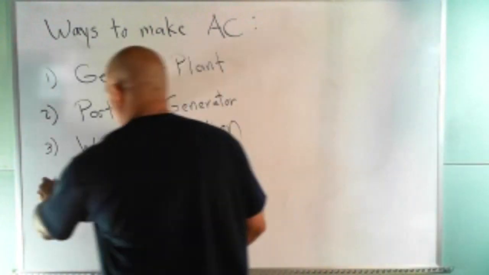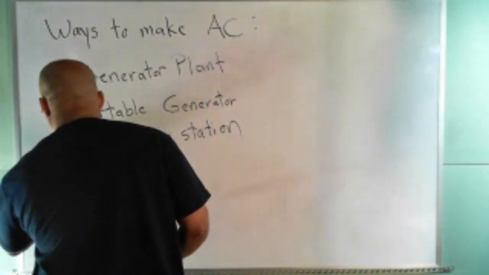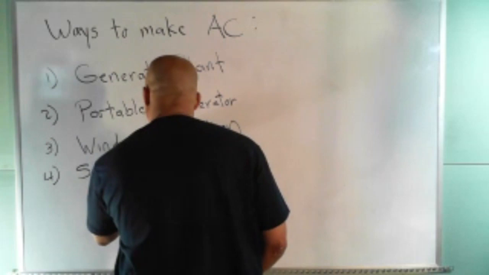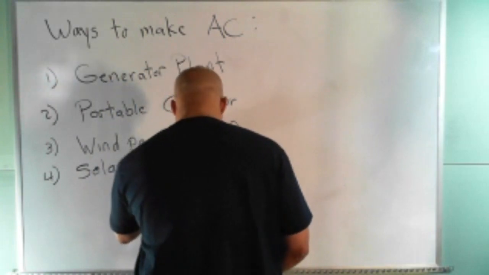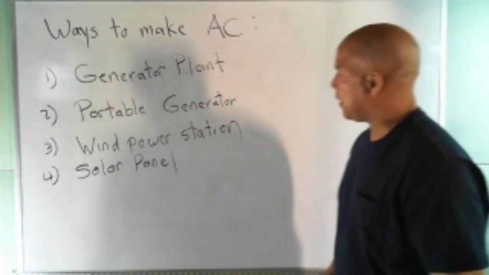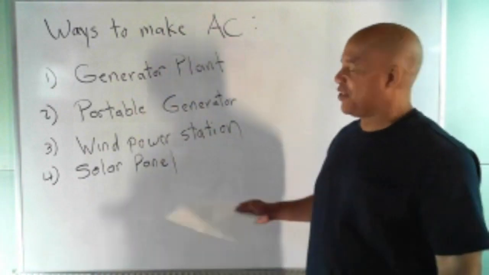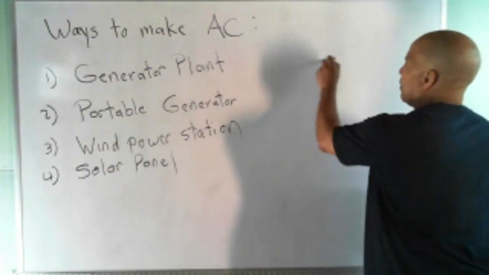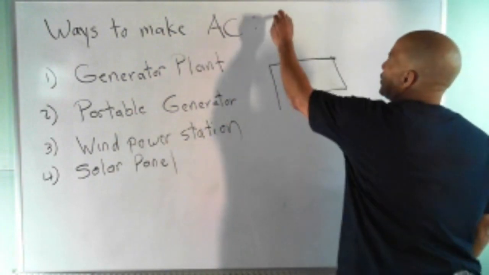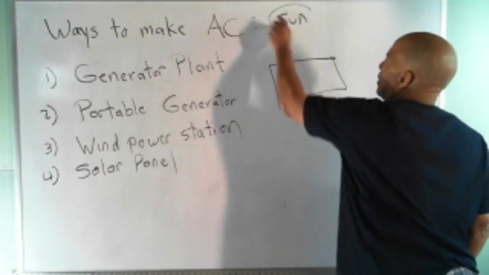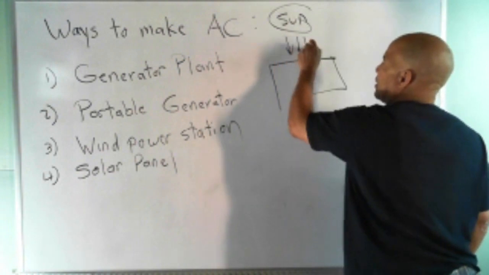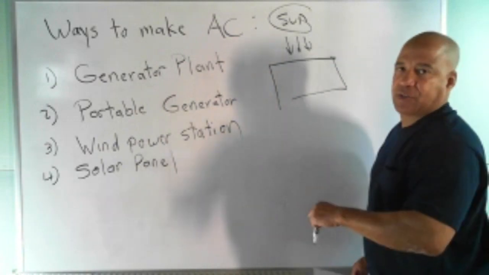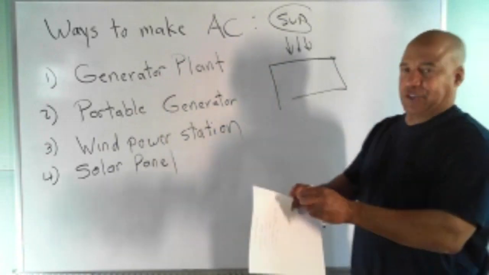Another way you could do it, create AC, is a solar panel. Now let me say a little bit about something. The solar panel, actually, you cannot create AC with a solar panel. What happens with a solar panel, the sun irradiates this, and when the light hits the solar panel, it knocks electrons off, and it causes the charge to separate.